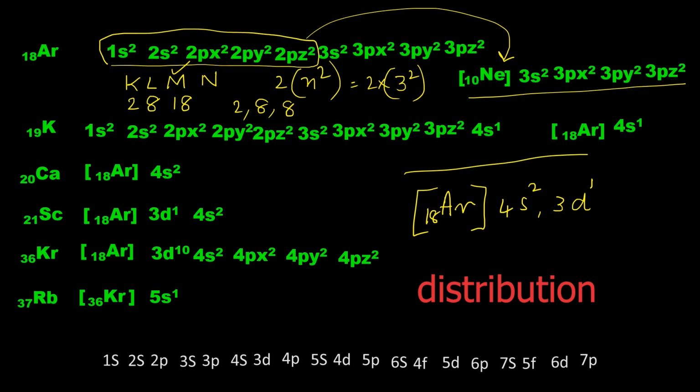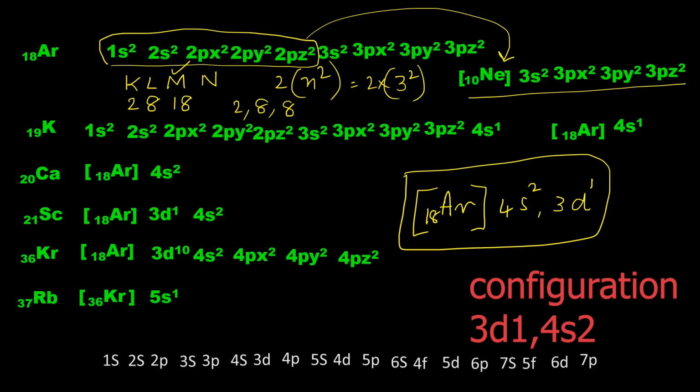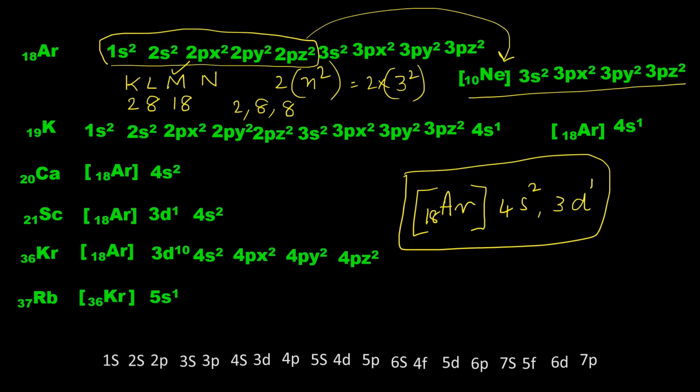This is distribution. But when we write the configuration, it should be 3d1 4s2. Why is it done so? This is followed in order to allow all the orbitals of the same principal quantum number to be in sequence. So remember that principle.